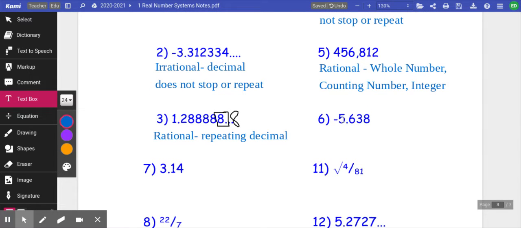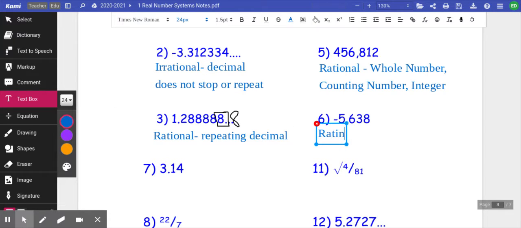Number 6 is negative 5.638. Notice I don't have an ellipsis here, which means that the decimal stops or terminates. And again, by definition, a decimal that stops or terminates is rational. My advice is when you're doing something like this, whether in class or at home, look back at the notes.